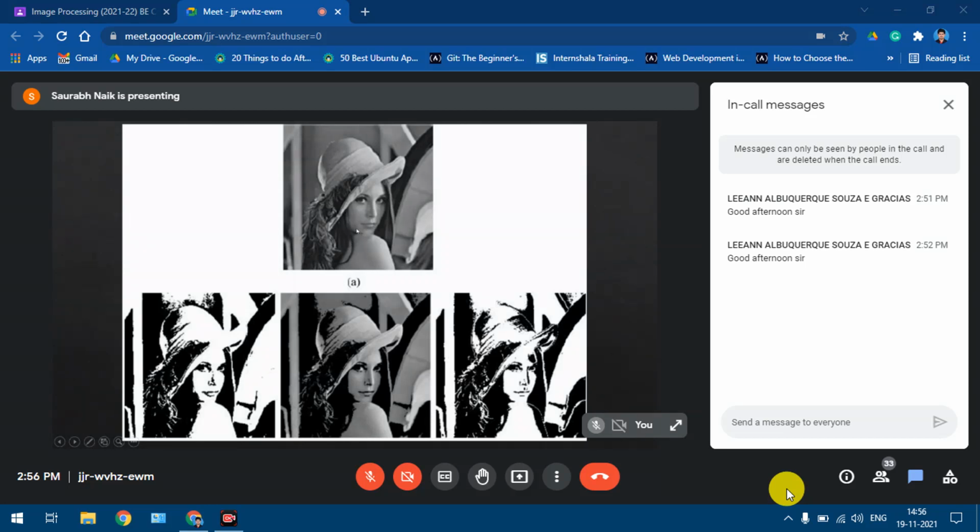So given an original image as this, we can have what we call simple thresholding. That is, we just have a single threshold, and according to this threshold, we say that if the pixel intensity is greater than this threshold tau, then it has to be set as white or the highest pixel intensity, and if it is below this threshold, then we set it as 0.